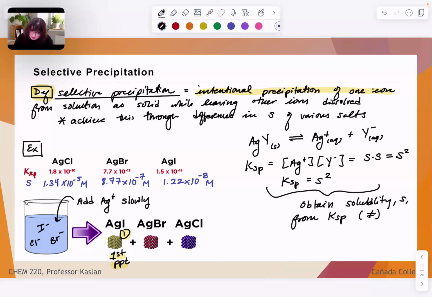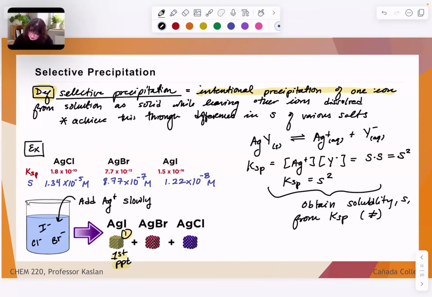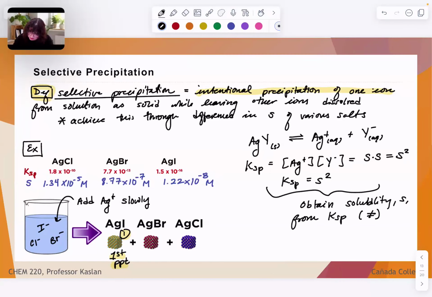This would then, at the concentration of 8.77 times 10 to the negative 7 molar of silver, give us a saturated solution of silver iodide and silver bromide. So we would then form our second precipitate.